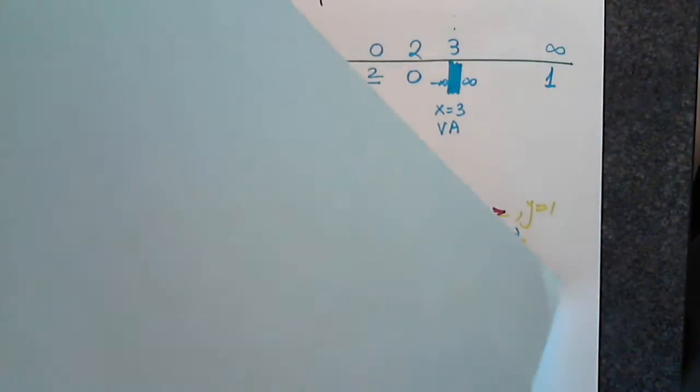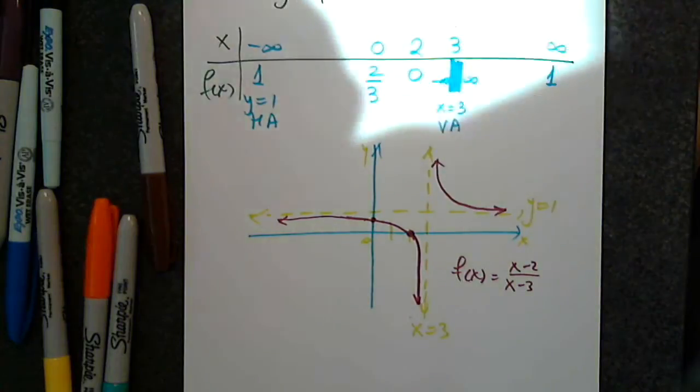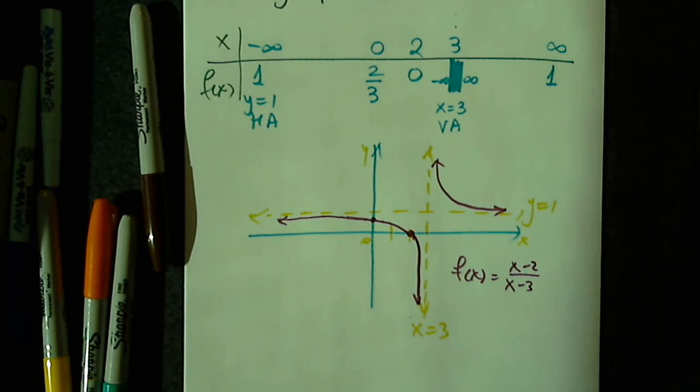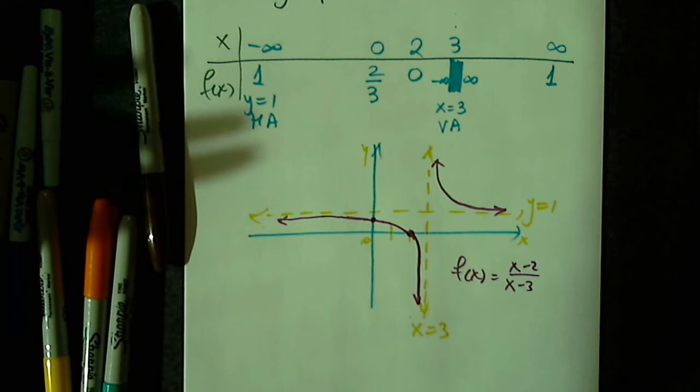Now, if we want to do this with a graphing calculator, let's do this, please. My apologies, I'm not ready. I forgot to get this started. Please plug in y equals with parentheses around the top and parentheses around the bottom.